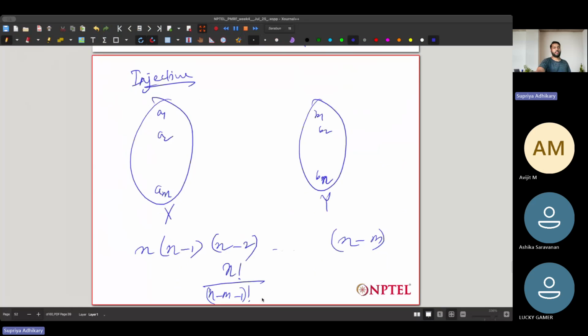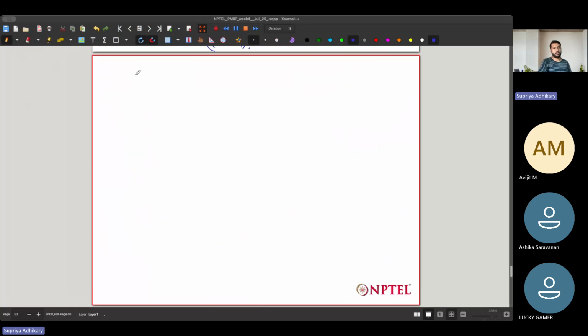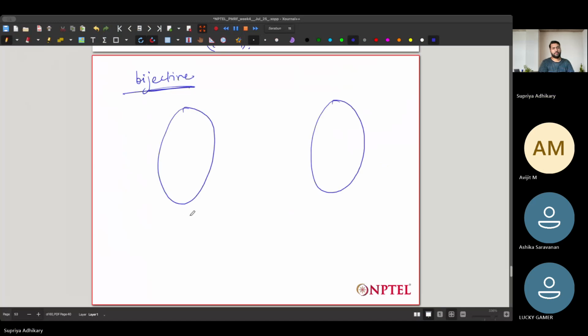So that covers injective functions, and finally we have the number of bijective functions. Now, if we want to find the number of bijective functions, then one thing that we have to understand is that both of the sets must have the same number of elements.